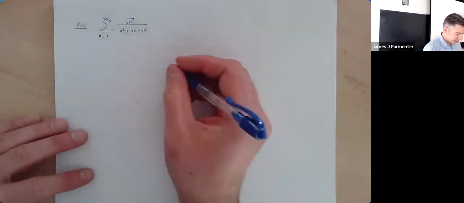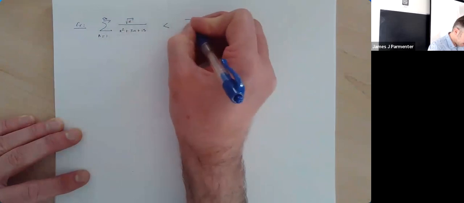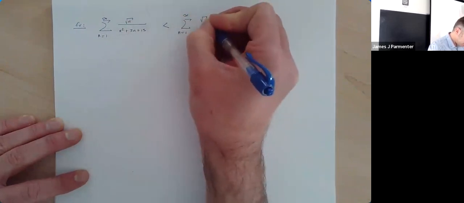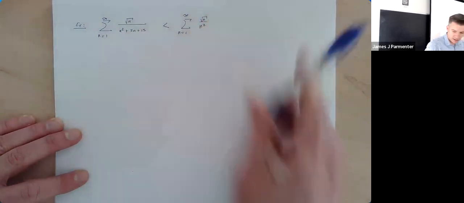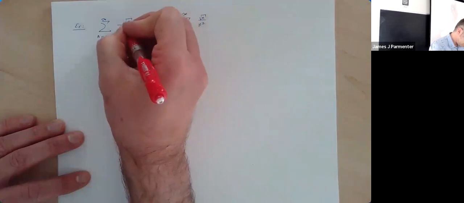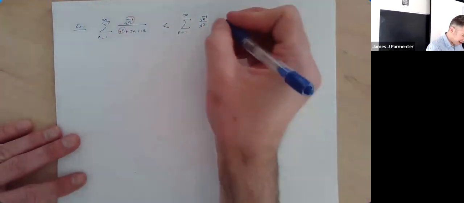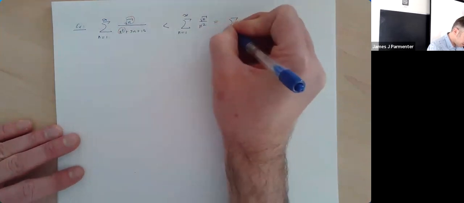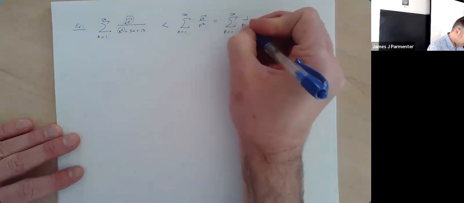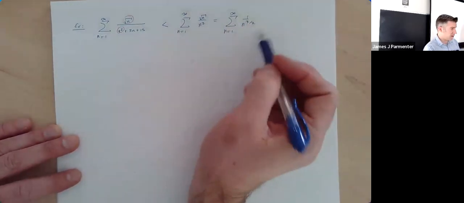So we can certainly say that this series is less than the series from n equals 1 to infinity of the square root of n over n squared. I'm just looking at these highest power terms. And then I can rewrite that as the sum from n equals 1 to infinity of 1 over n to the 3 halves. And is this series convergent or divergent?